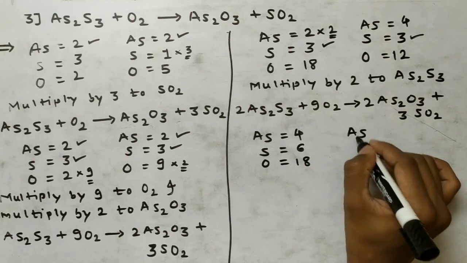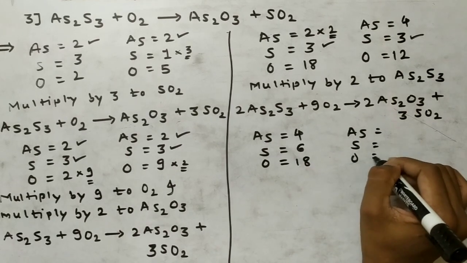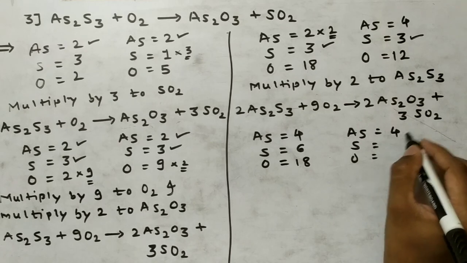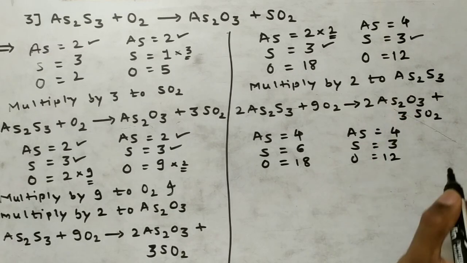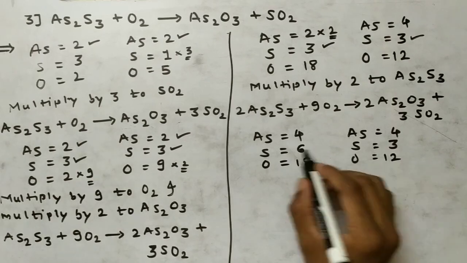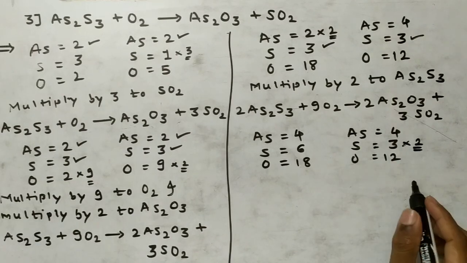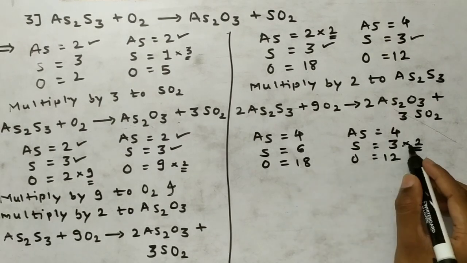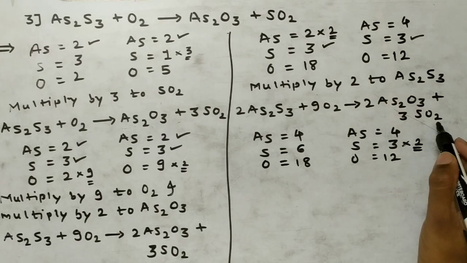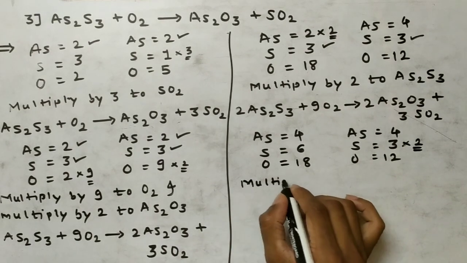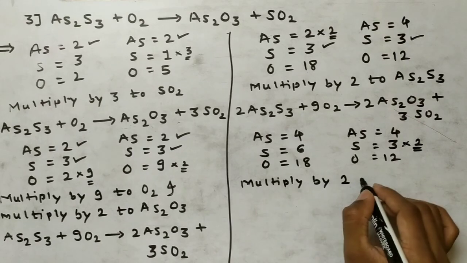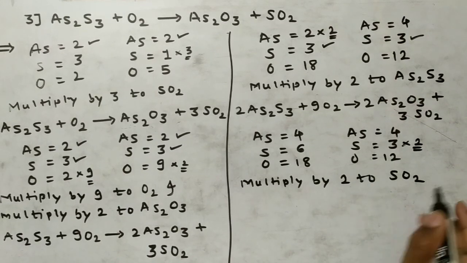On the product side, As 4, sulfur atoms 3, and oxygen atoms 12. Now we have to balance this sulfur by multiplying by 2. This sulfur is in combination with oxygen, so we'll multiply this SO2 by 2.